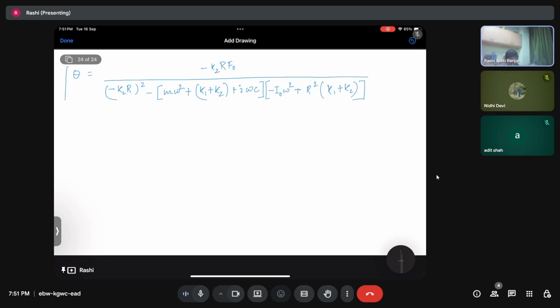So this is the equation for the value of capital theta, which is the amplitude of oscillation of the disk.